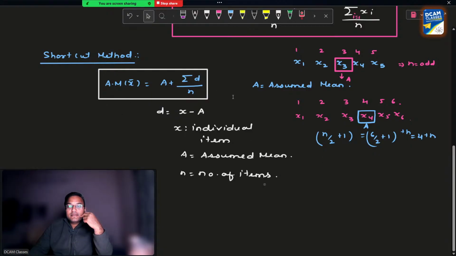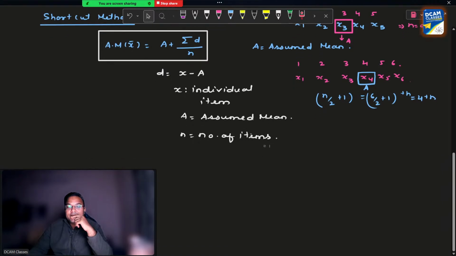A good medical seat, na? You want to become a good doctor. Yes, sir. Good. That kind of motivation should be there. You will do MBBS from a very good college, then go for MS and all, and then become a surgeon.